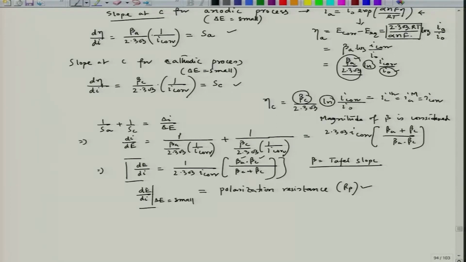It gives us a quick measurement of the corrosion rate of a metal in an electrolyte just by measuring the linear portion of this Butler-Volmer equation at Ecorr with a plus minus 20 millivolt overvoltage, and then finding the slope at overvoltage 0, and that would be the linear polarization resistance.